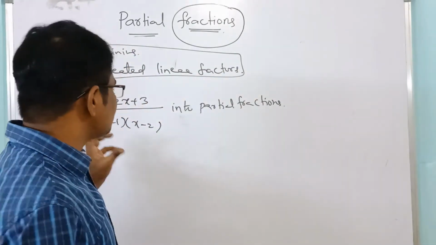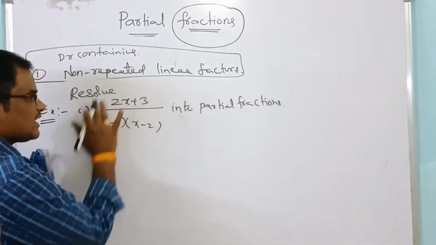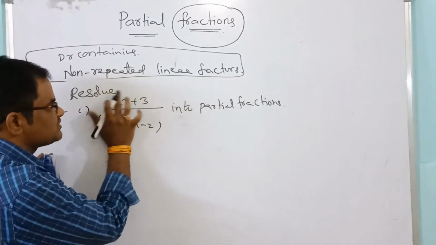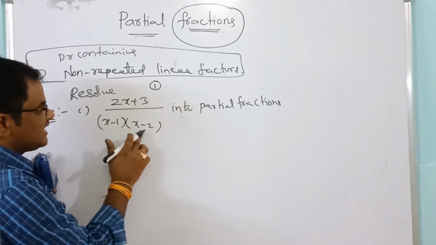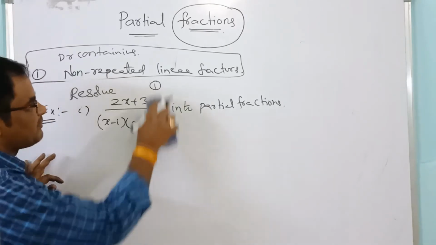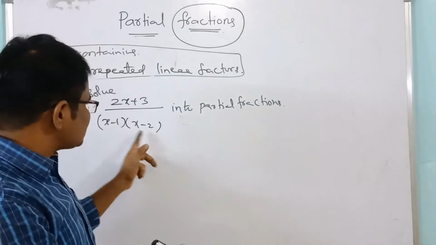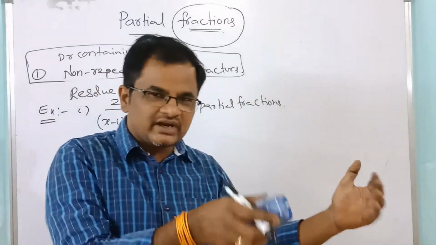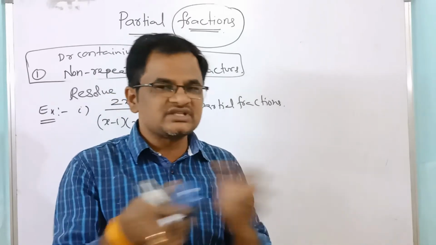So what is the procedure to find the sum of the two terms? Nothing but this is a proper fraction. Once you observe what is the degree of this one, degree of numerator is 1, degree of denominator x into x, x square. Degree of denominator is 2. So this is a proper fraction. This proper fraction we have to write here. How many linear factors are there? 2 linear factors. So we have to write the sum of the 2 proper fractions. What is the procedure for that one?